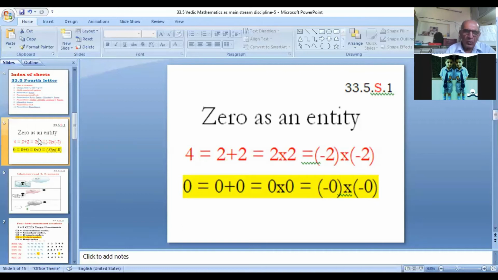But we know that 0 is at the placement of dimension of a dimension. 2 space is playing the role of dimension of 4 space, and 0 space plays the role of dimension of 2 space.